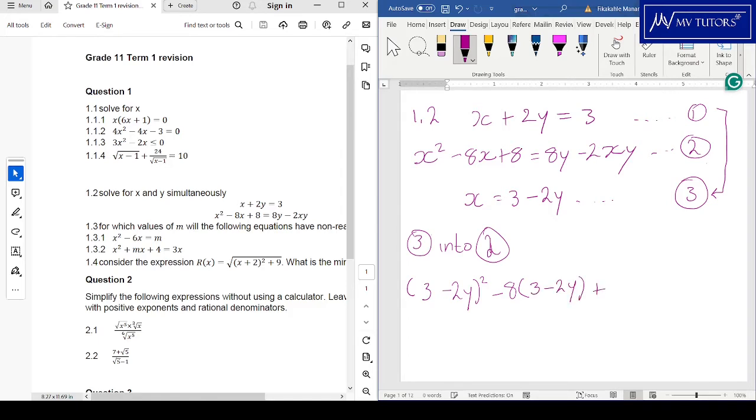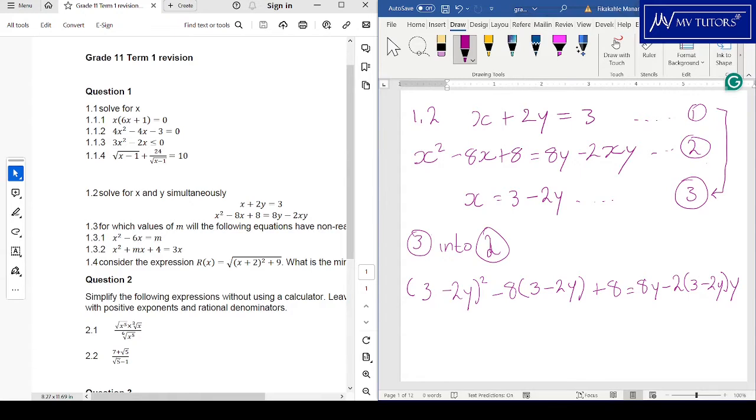Close that, and I have a plus 8, and I have an equals, and I have 8y, and I have a minus 2. I have an x again, so I'm going to substitute what x is equal to. It's equal to 3 minus 2y, and then finally I have a y. Now it's just a matter of expanding.